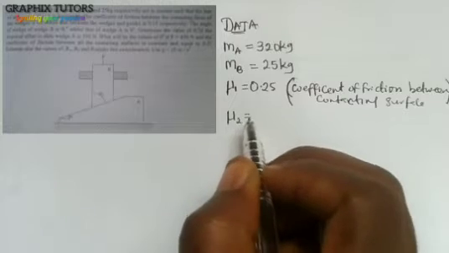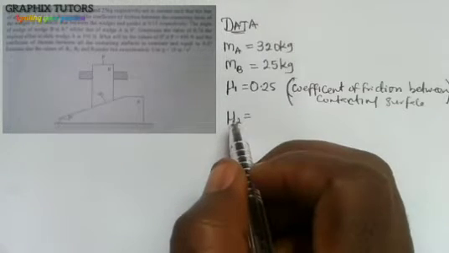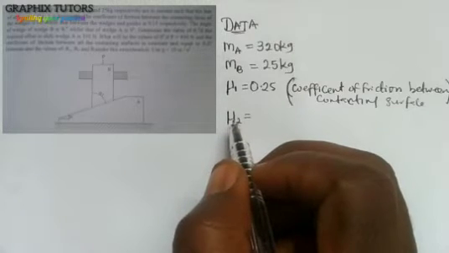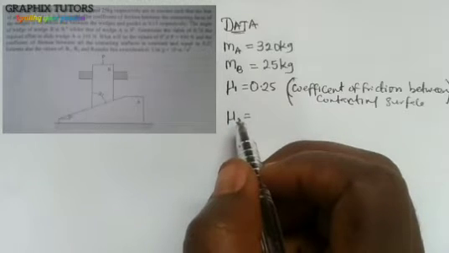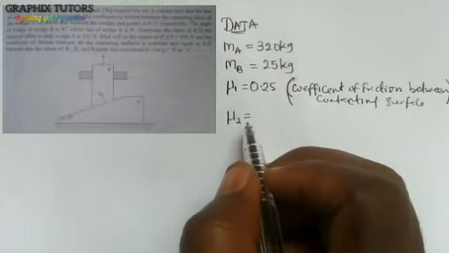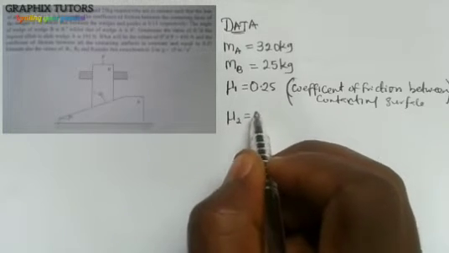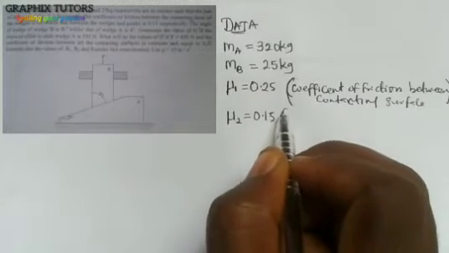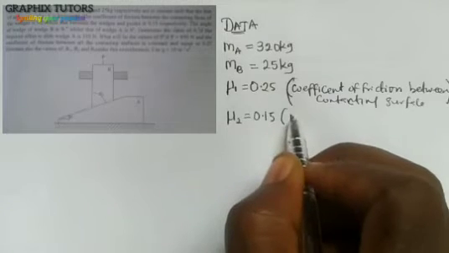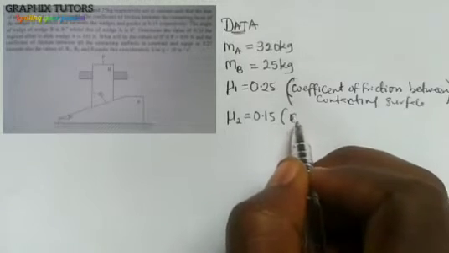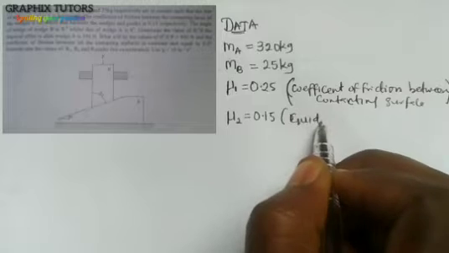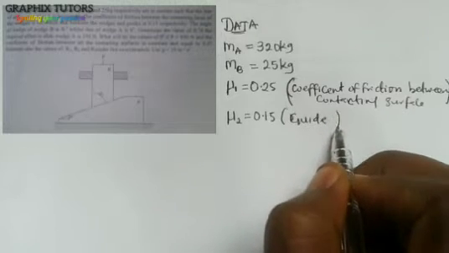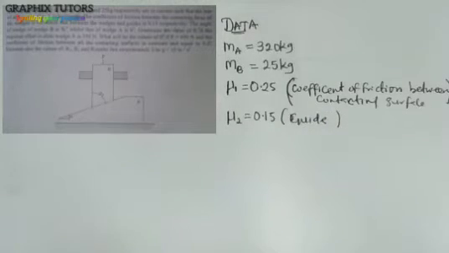Then the other one we have is mu2, that is between the wedge and the guide. It says that between the wedge and the guide is 0.15. So I said mu2 should be equal to 0.15, between wedge and guide. So I'll just put guide here to remind us. Right? Now we move forward.